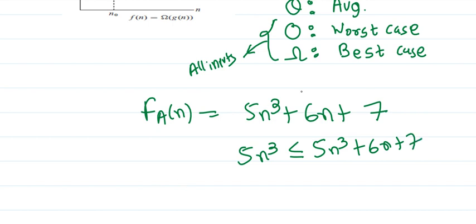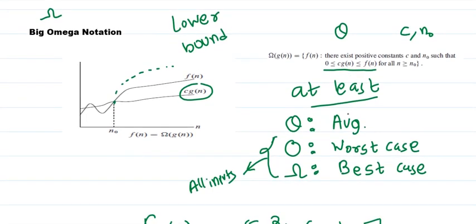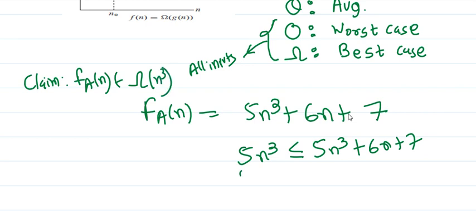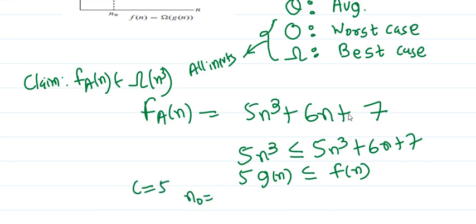Now if you see the definition, our claim was to show that this function fa of n belongs to big omega of n cube. And now we have shown that 5 times g of n is less than or equal to f of n. So we can say that c is equal to 5 and n naught is equal to 1.